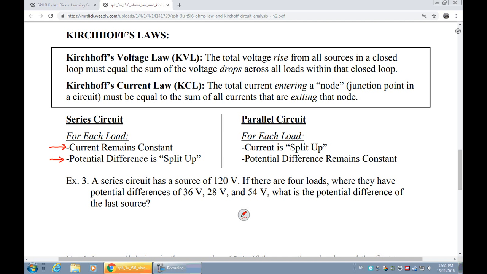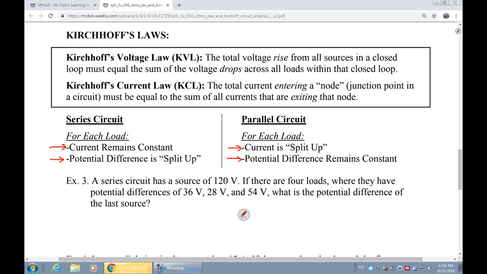In a parallel circuit, though, strangely, we see the opposite happening. Because in a parallel circuit, the current has different paths that it can follow, the current actually gets split up, because some of the current will travel in one path when it gets to a certain node, and some will take a different path. But for reasons that I'll explain in more detail in class, what we actually notice is that the potential difference might remain constant.